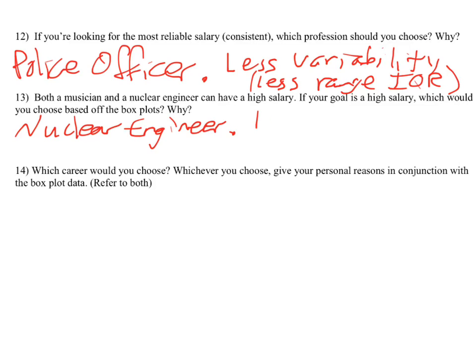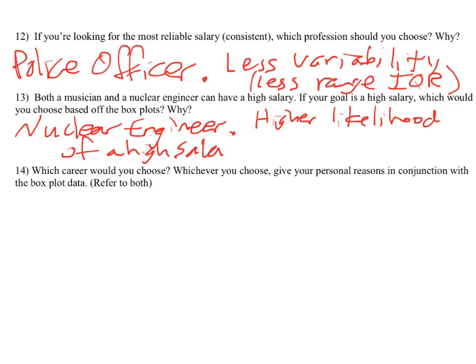And you just have a higher likelihood of a high salary. With the musician, it's not as likely.